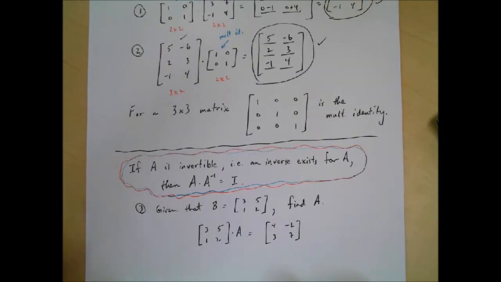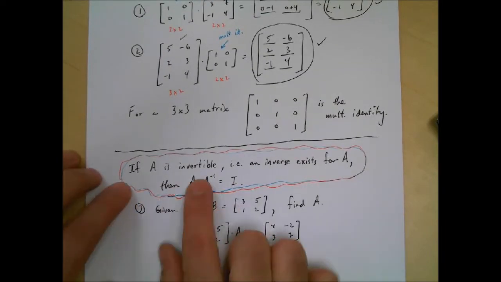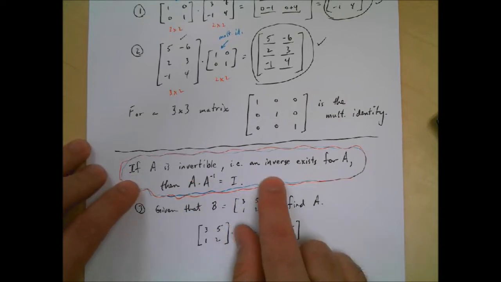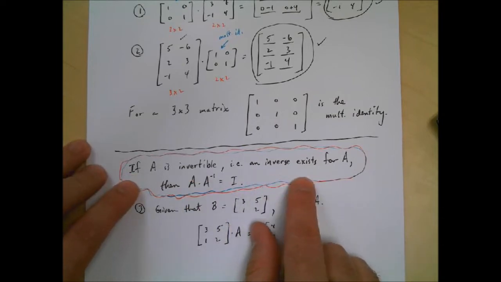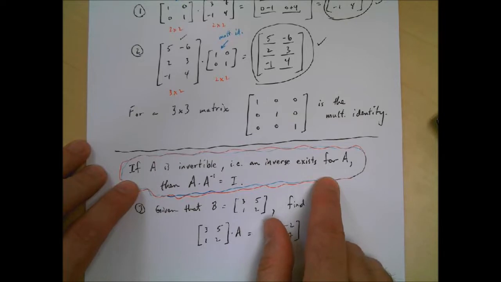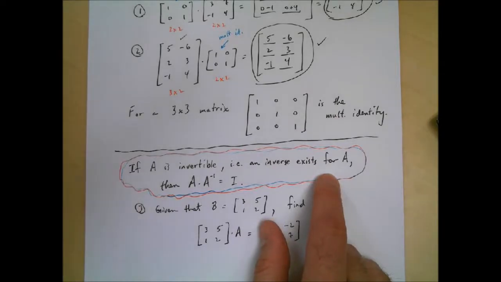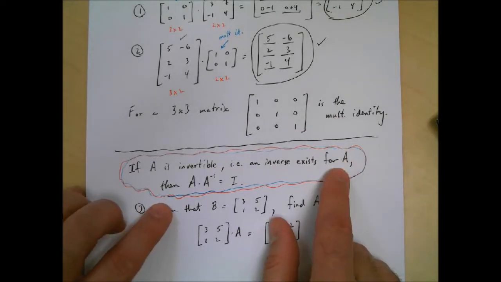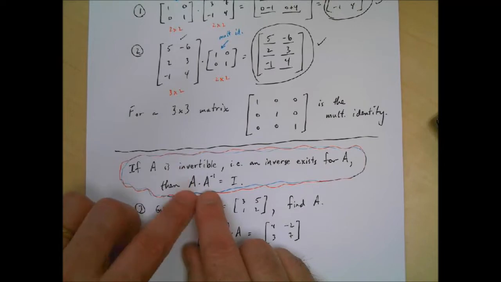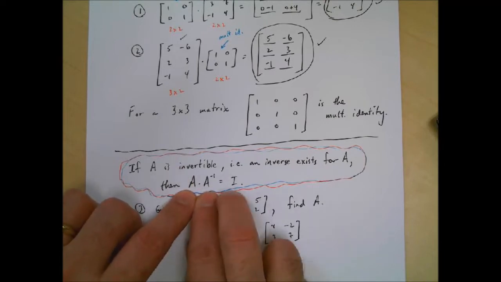Okay, so if A is invertible, in other words, if you can find an inverse for the matrix A, because you can't always, not every matrix is invertible, okay? But if it is invertible, then a matrix times its inverse will equal the identity, the multiplicative identity.